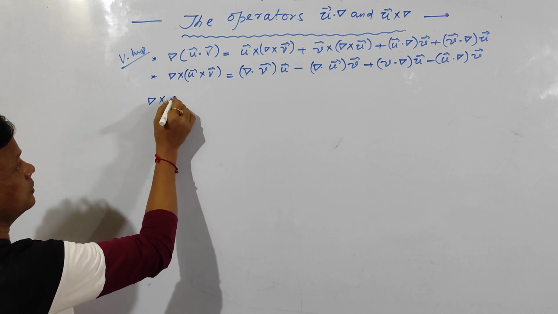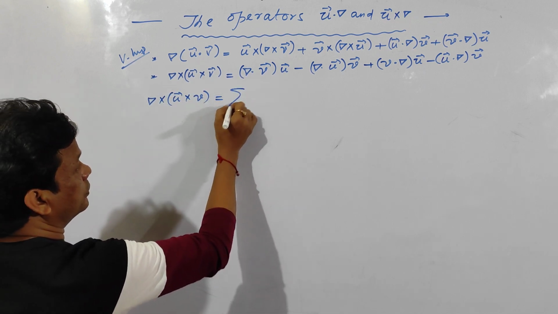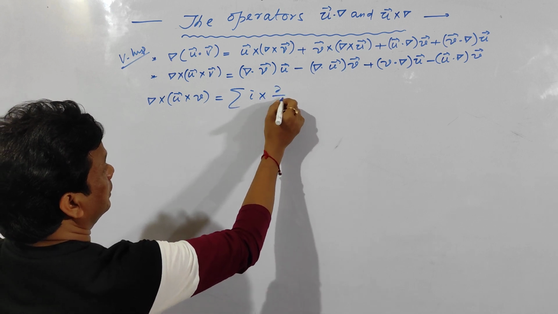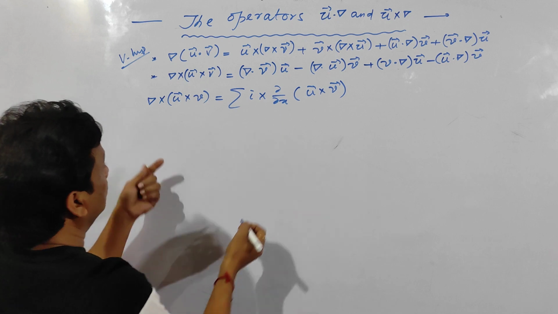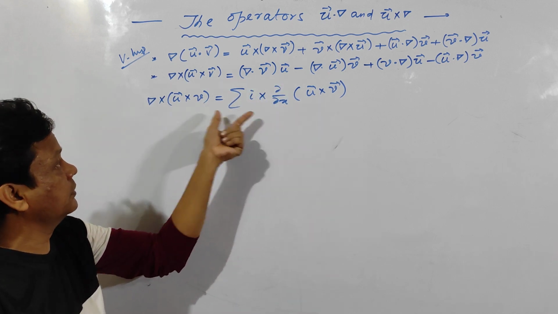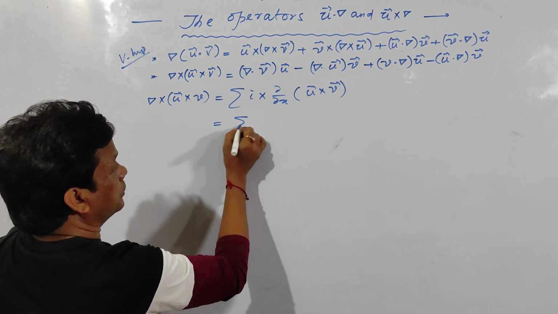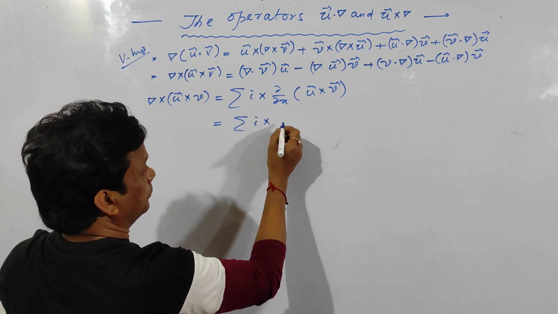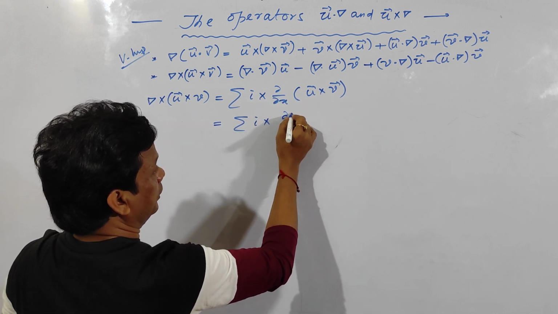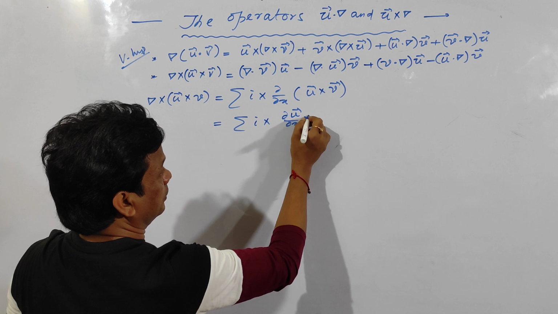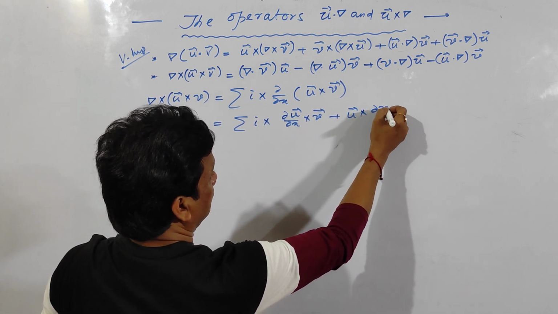Now del cross u cross v is equal to summation i cross del by del x of u cross v. Already I have told you del cross means summation i cross del by del x. So it is u cross v. Now apply the derivative of the cross product: del u by del x cross v plus u cross del v by del x.